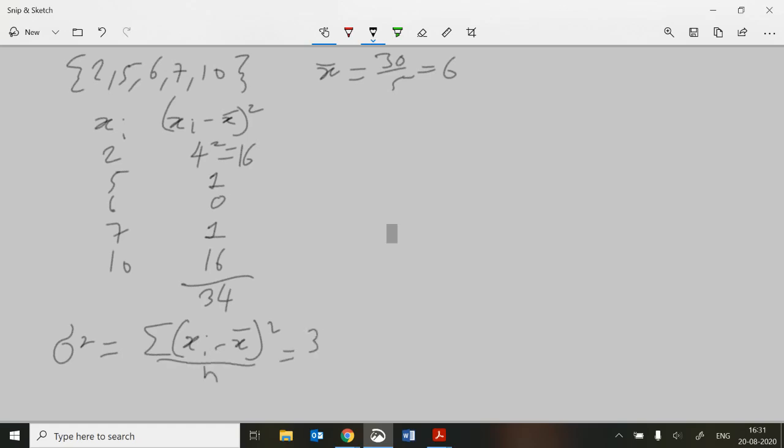So we're going to do 34 divided by 5 there, and that's going to bring us to 6.8. So the variance is 6.8. Now, we have really no idea how good that is. But again, remember that's like the average difference between the xi value and the x bar squared.